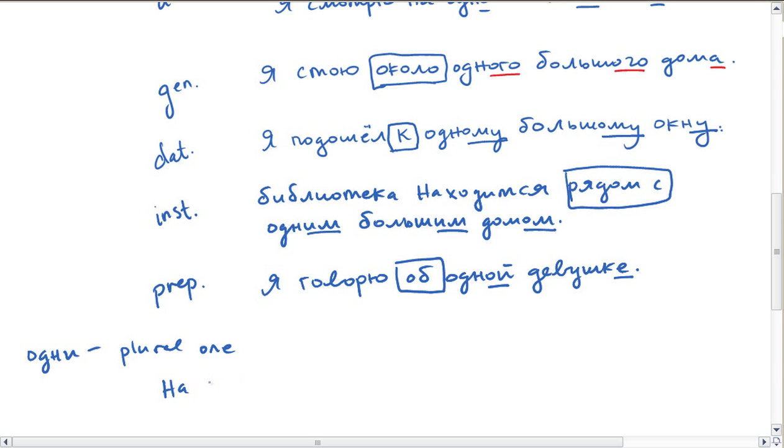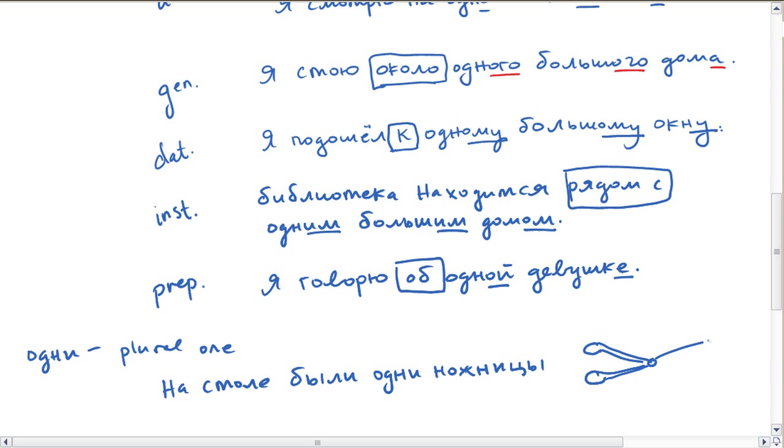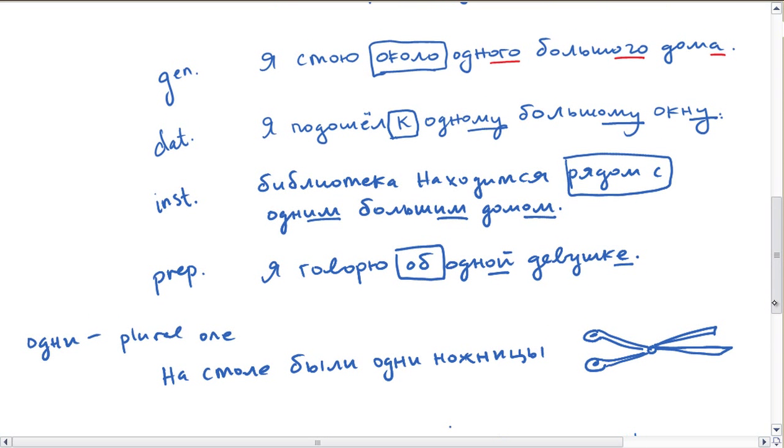На столе были одни ножницы. So on the table, there was one pair of scissors.